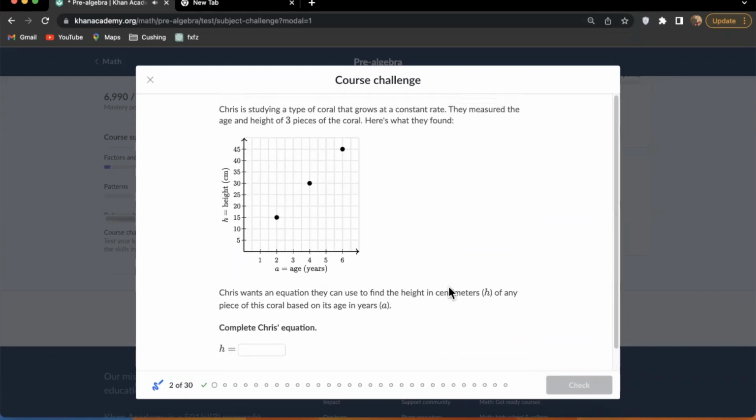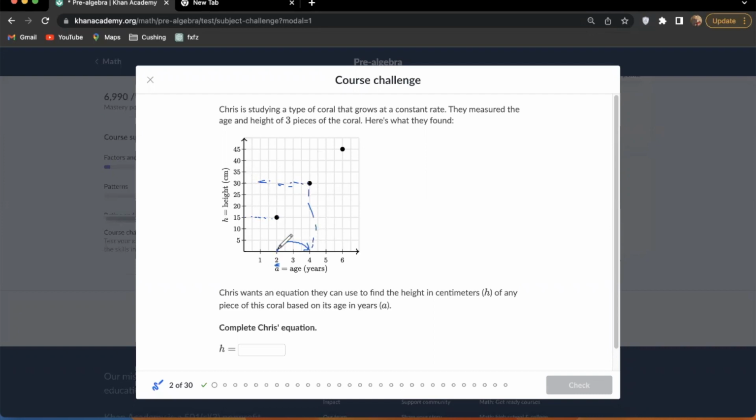All right. So this question says Chris is studying a type of coral that grows at a constant rate. They measured the age and height of three pieces of the coral, and here's what they found. At 2 years old, the coral is 15 centimeters tall. But how fast do they grow? This other coral is 4 years old and it is 30 centimeters tall.